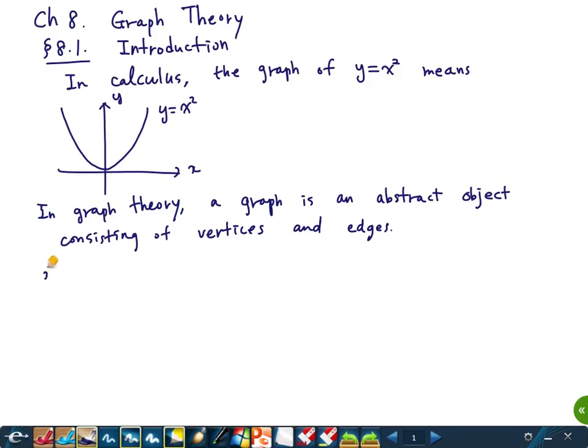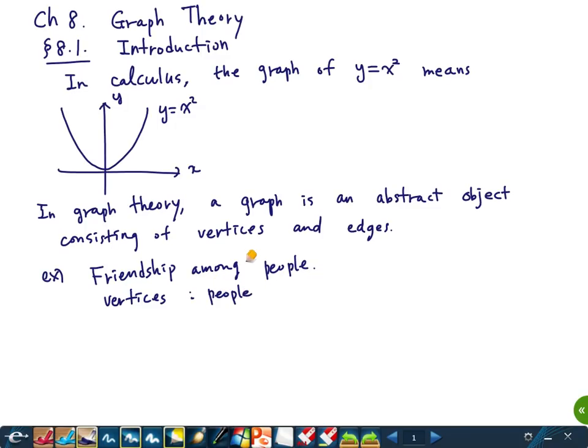So for instance, the relation among friends. Let's say friendship among friends. Think of Facebook friends. If two of you are friends, then in this case, vertices will be people.